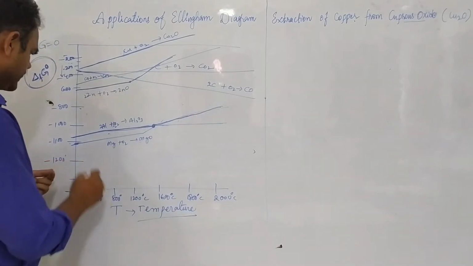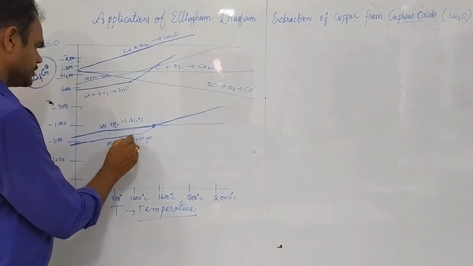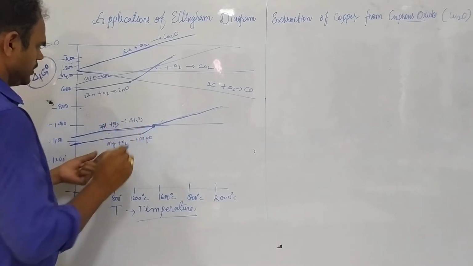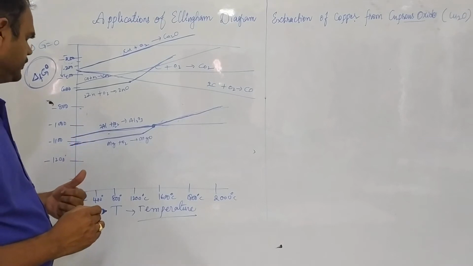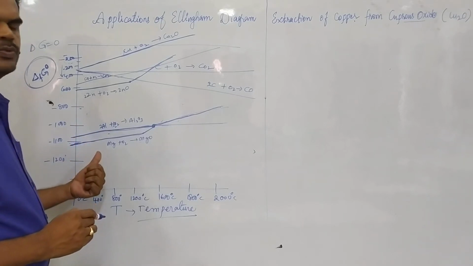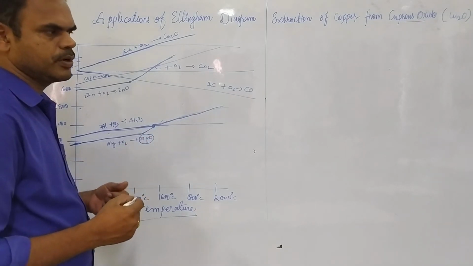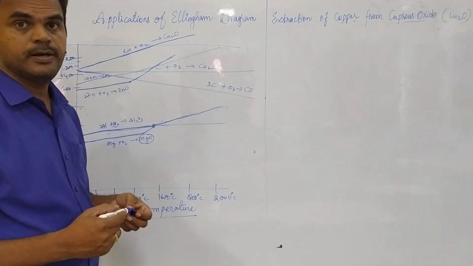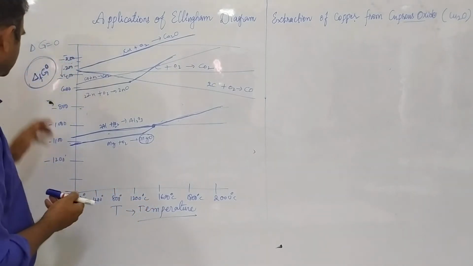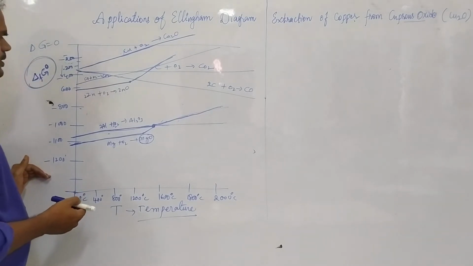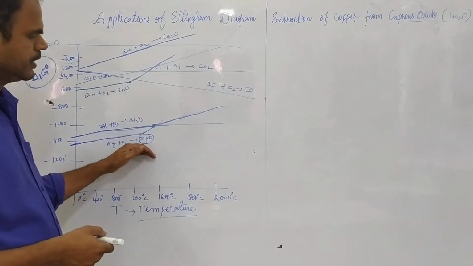And if you observe magnesium, for the magnesium oxide formation the delta G free energy change is more negative than aluminium. From this we can understand that magnesium oxide and aluminium oxide are more stable oxides, because the more negative the delta G values, the more is the stability of the oxide.